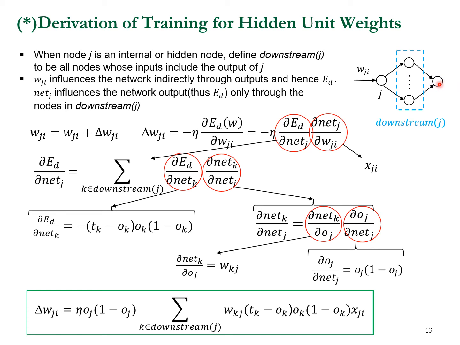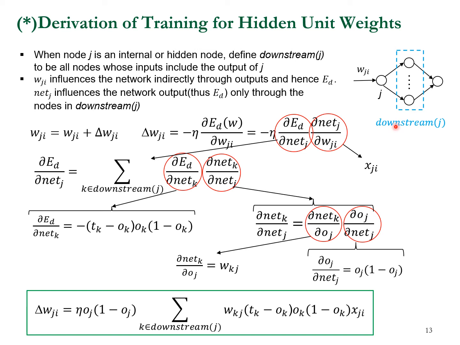So when you update this weight, it does not influence the error of the network directly. It influences this node first, and then this node influences the output and the error of the network. So this weight indirectly influences the error of the network through these nodes. That's the main difference.